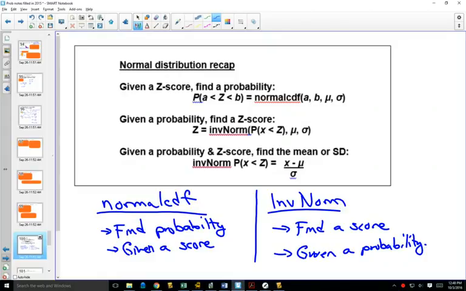So those are the first two, and then we looked at that one example with the television where you were given a probability, so you're going to have to use inverse norm, but you might have to use inverse norm first to find a Z-score, and then you can find your mean or standard deviation. So if you're asked to find your mean or your standard deviation, you're going to need to find your Z-score first with the probability that's given.